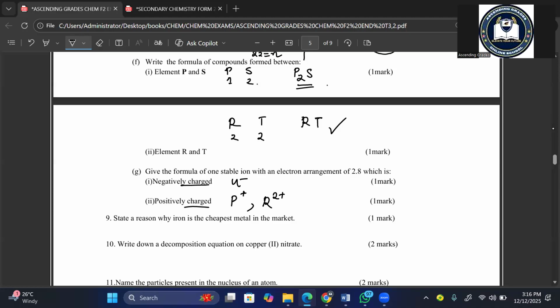Even people are collecting the scrap metals, getting back to the manufacturing industry, and then it is brought back to the market. So the reason is the production cost is low.